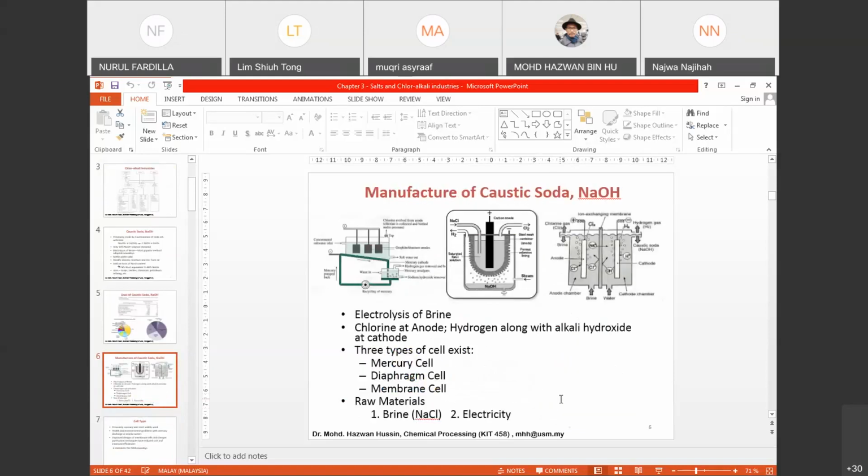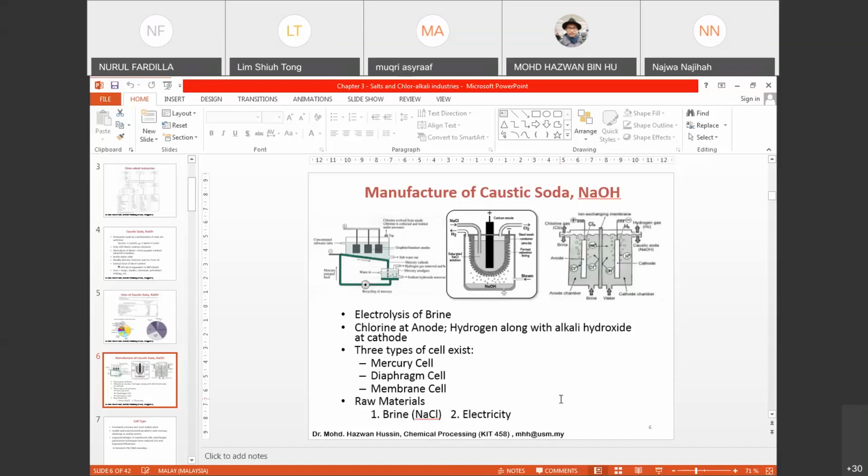For the manufacturing of caustic soda, it is basically from electrolysis of brine. During the process, brine is used as the raw material and other products or byproducts are produced. For example, chlorine gas is produced at the anode, and hydrogen gas along with sodium hydroxide is produced at the cathode.